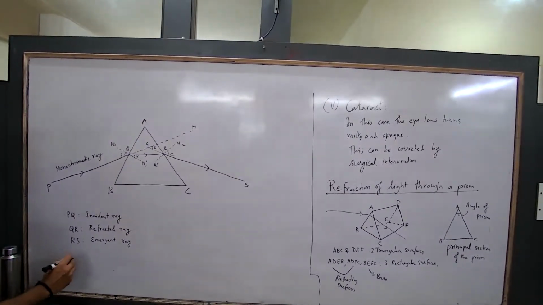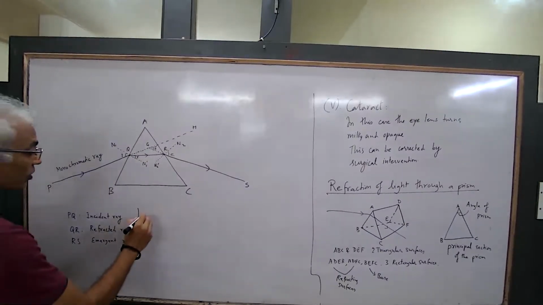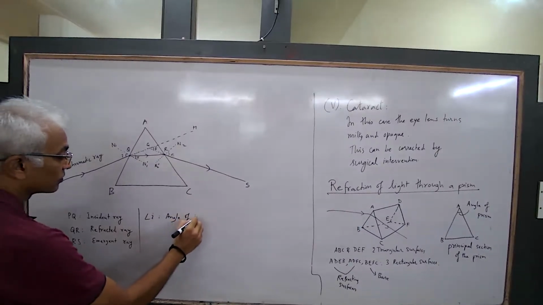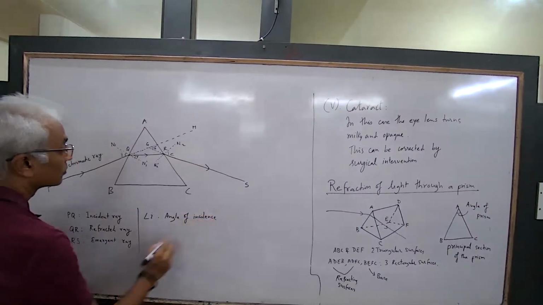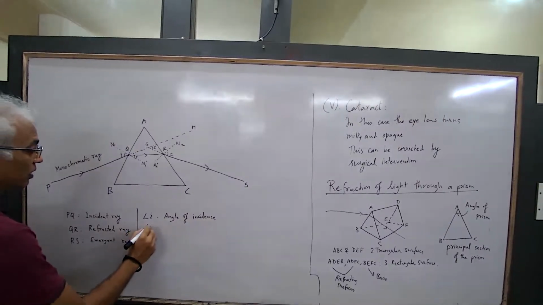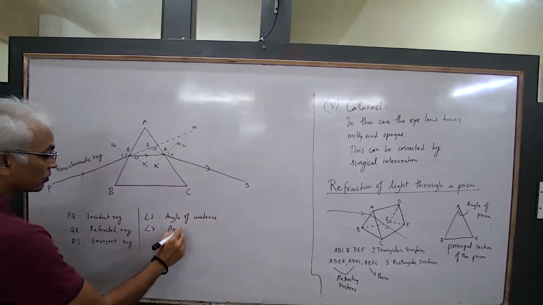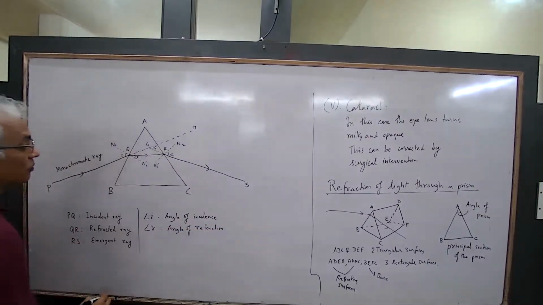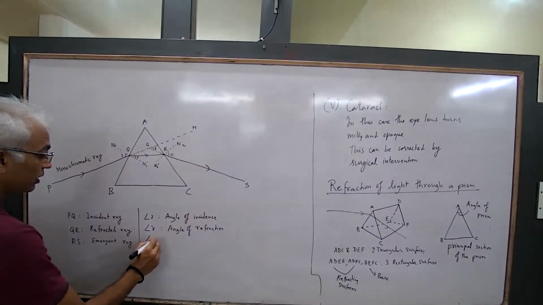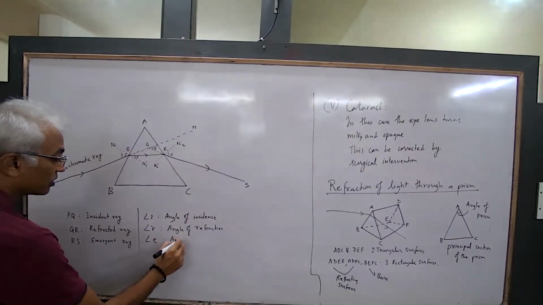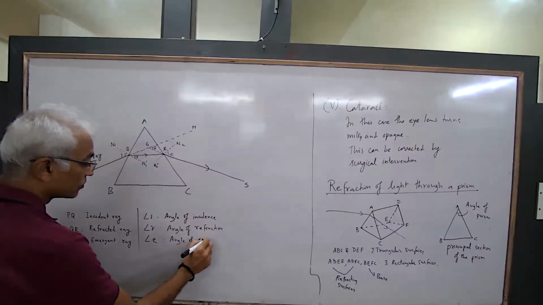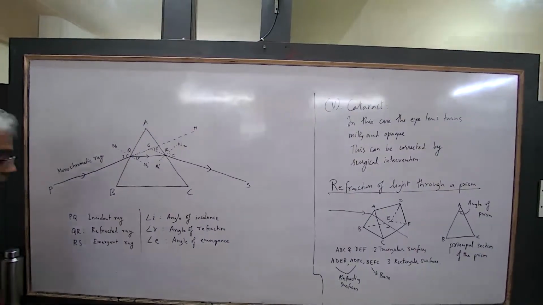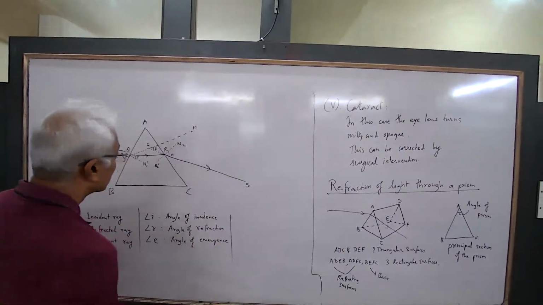Okay. Then you have angles. Angle I is angle of incidence, then angle R is angle of refraction, then you have angle E, angle of emergence, then last is delta.